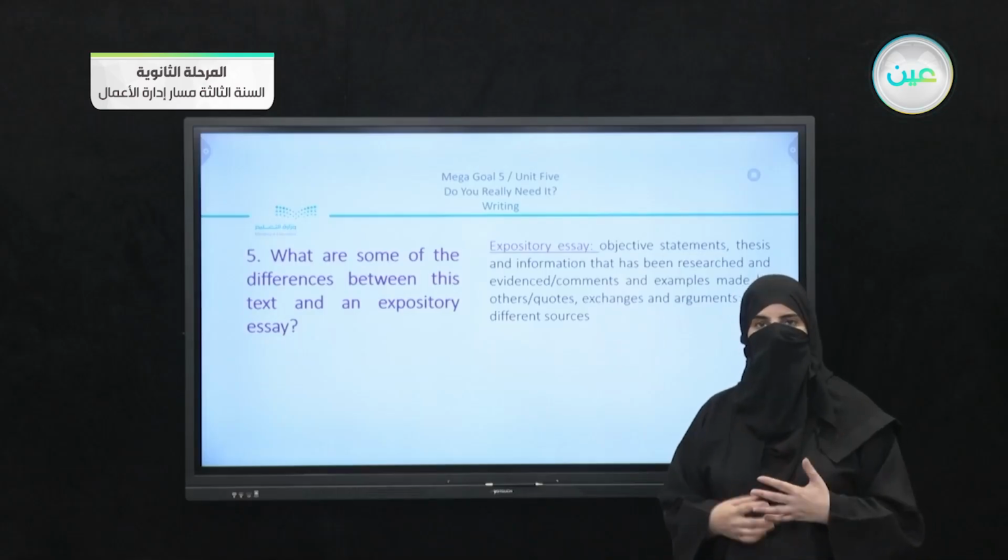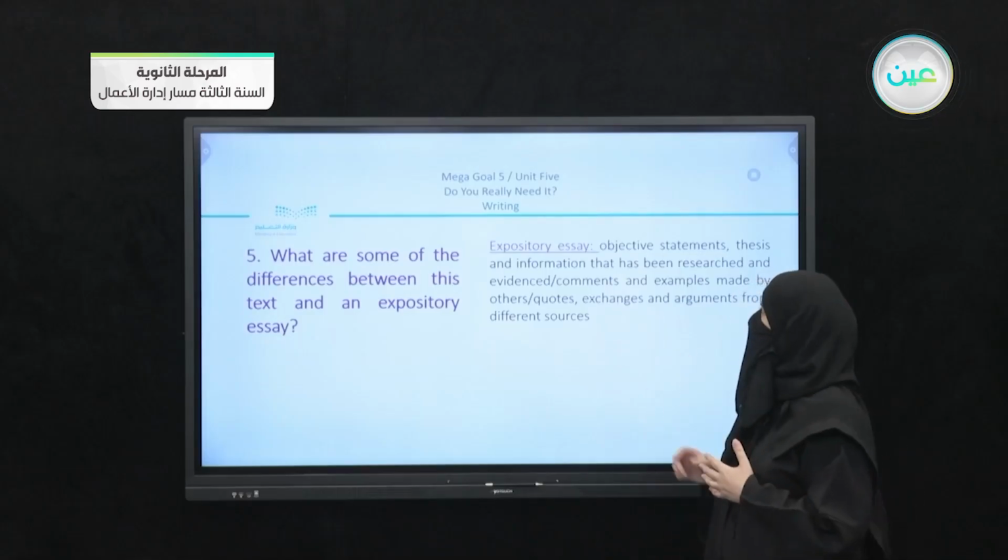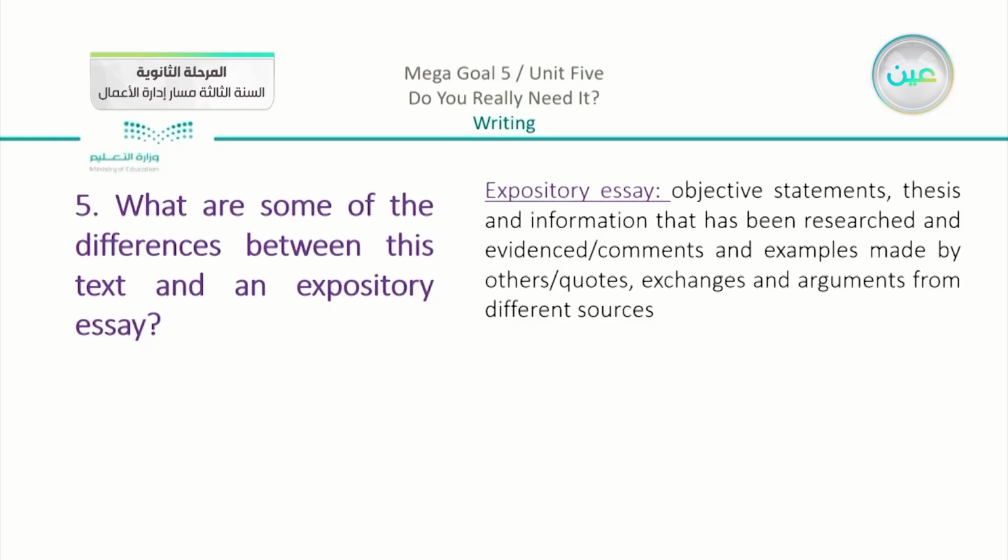So what is an expository essay? We read yesterday the objective statements, thesis, and information that has been researched and evidenced, comments and examples made by others, quotes, exchanges, and arguments from different sources. So this is the expository.